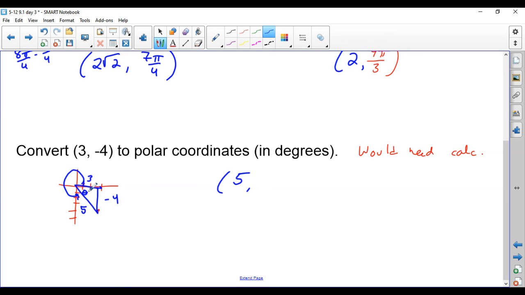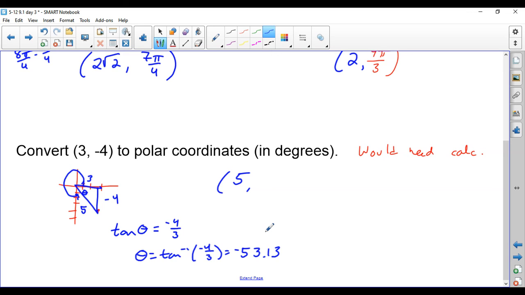I can find theta inside the triangle by saying the tangent of theta is -4 over 3. If you do that, and then you take the inverse tangent, you will get that the angle is -53.13.